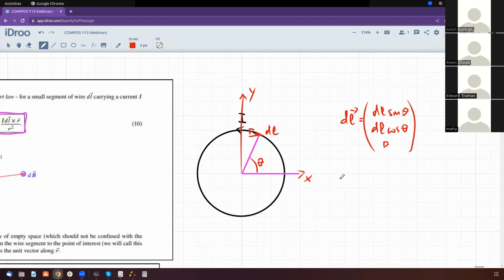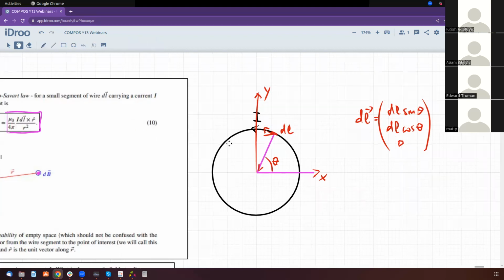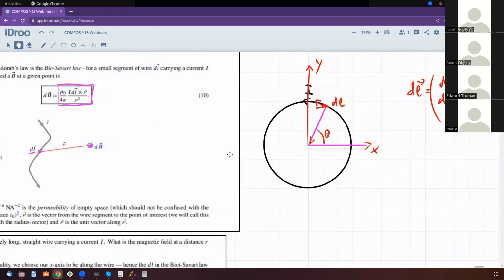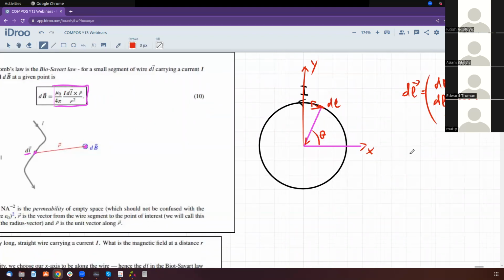That is a vector. Now the radius, the vector r. I think I'm overcomplicating things here. Well, let's see where this method takes us.